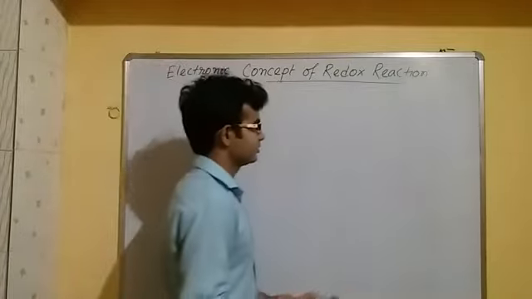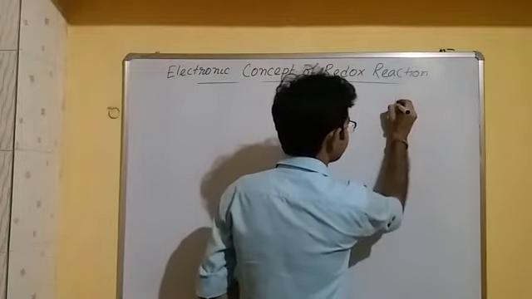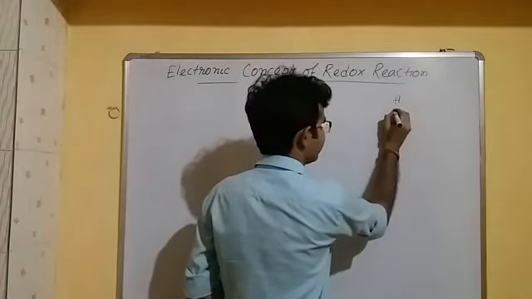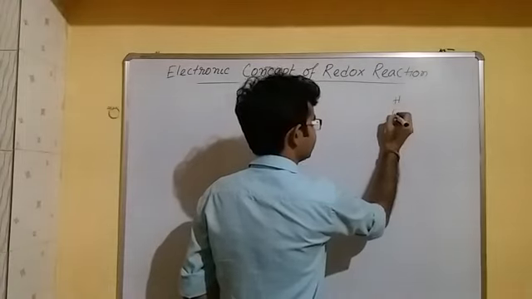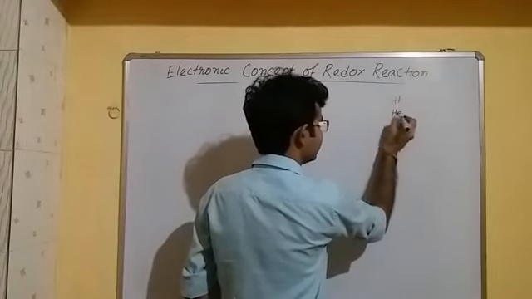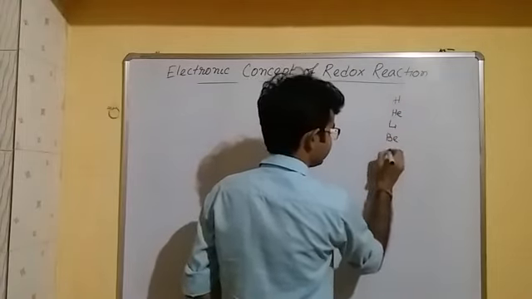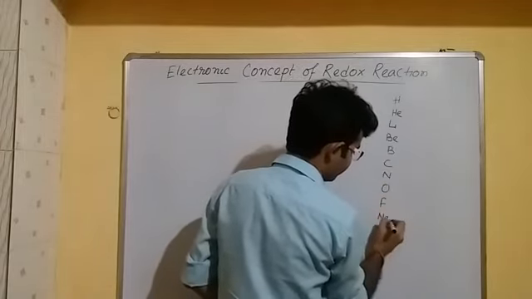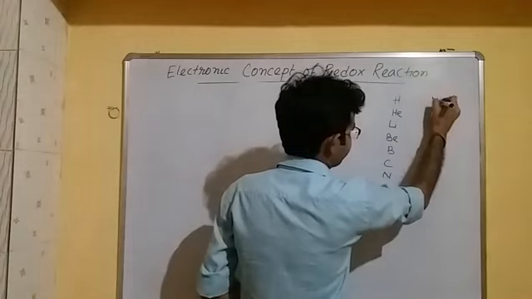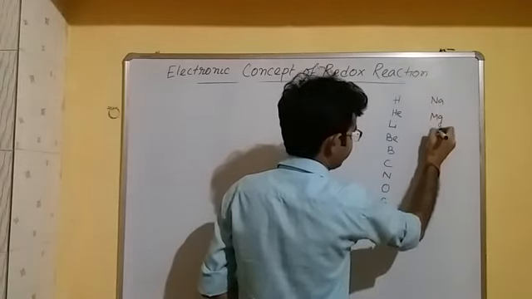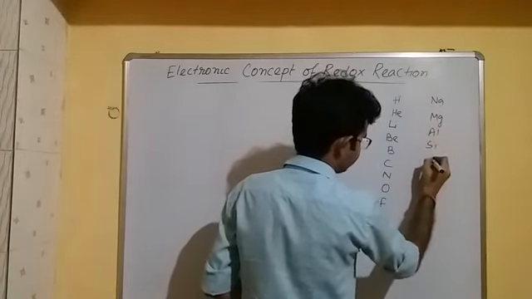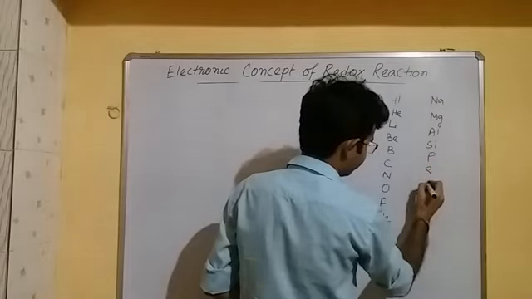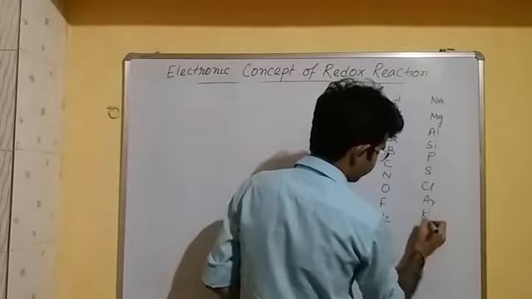I think the valencies of the atoms are very well known to all of you. Hydrogen, helium, lithium, beryllium, boron, carbon, nitrogen, oxygen, fluorine, neon, sodium, magnesium, aluminium, silicon, phosphorus, sulfur, chlorine, argon, potassium, calcium.